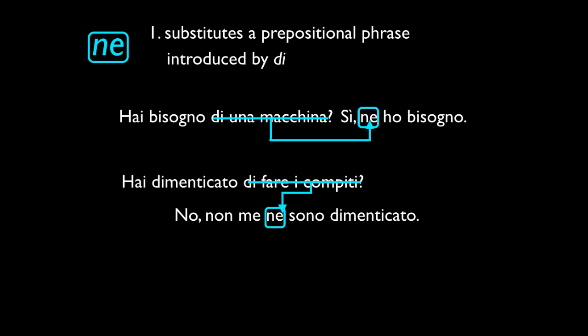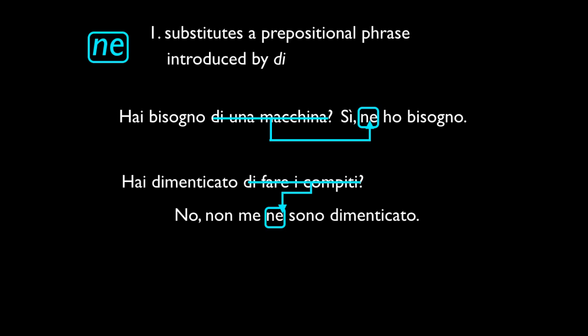A small note before I move on: me ne sono dimenticato would be from the verb dimenticarsi, a reflexive. Now the mi, what it would normally be, mi sono dimenticato, I forgot. You can see that it became me when the ne entered in, and that's similar to what happens when you combine two pronouns together, whether they're reflexive or direct objects or indirect objects.